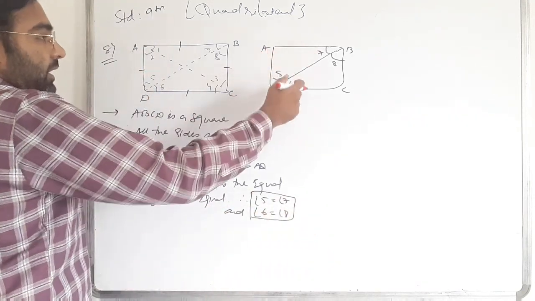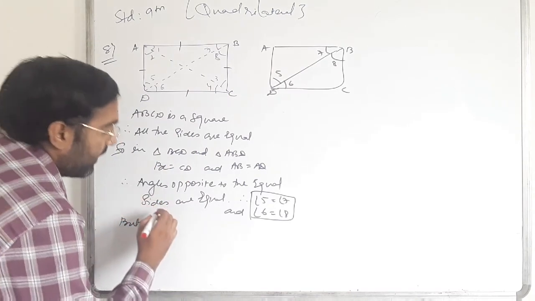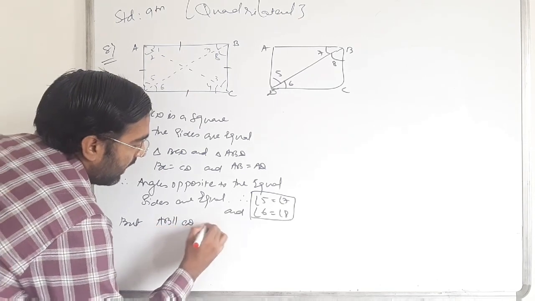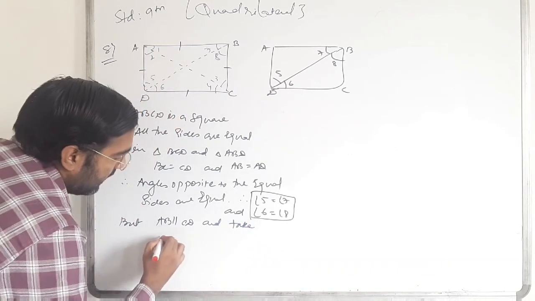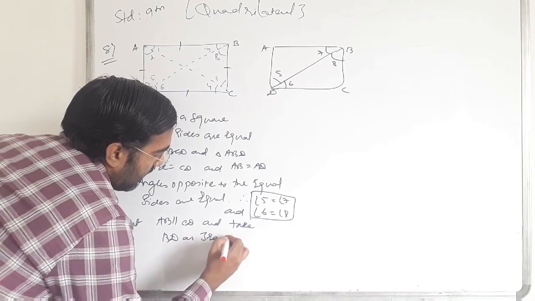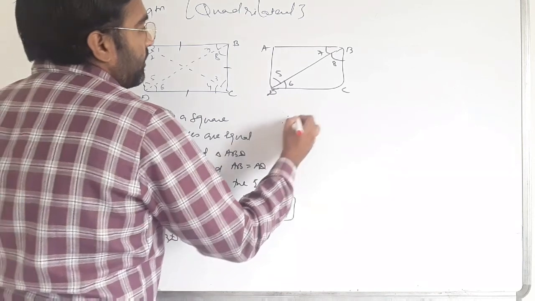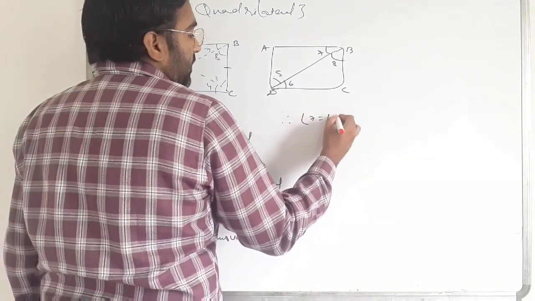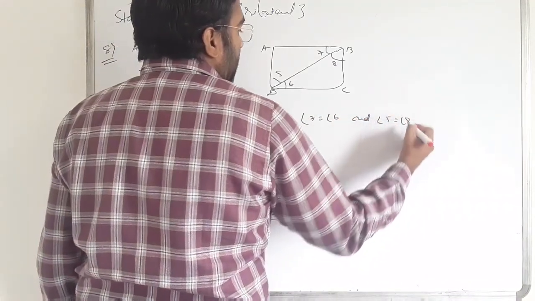Now 5 and 7 are equal and 6 and 8 are equal, but AB is parallel to CD and take BD as transversal. So therefore the pair of alternate angles, angle 7 equal to angle 6 and angle 5 equal to angle 8.